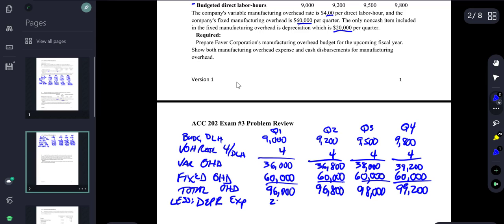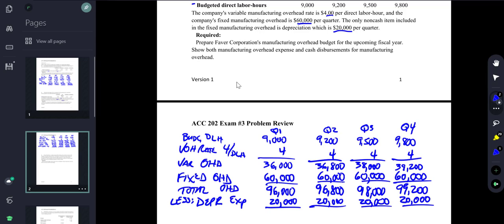So we have 20,000 in Q1, 20,000 in Q2, 20,000 in Q3, and 20,000 in Q4. So what we have then, when we deduct depreciation, is the cash disbursements needed for manufacturing overhead.